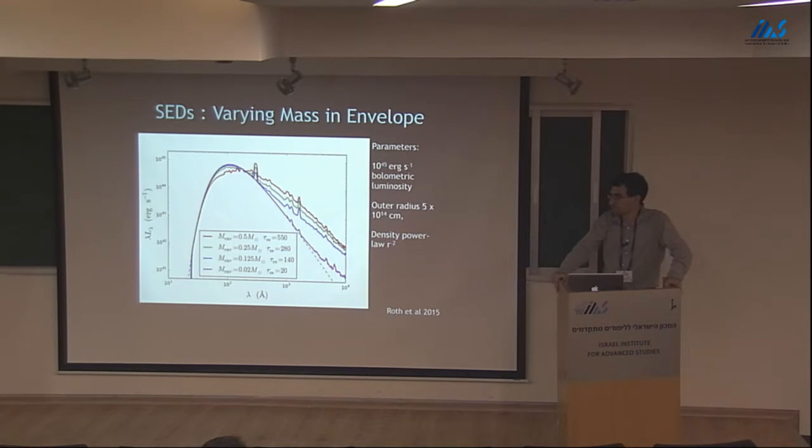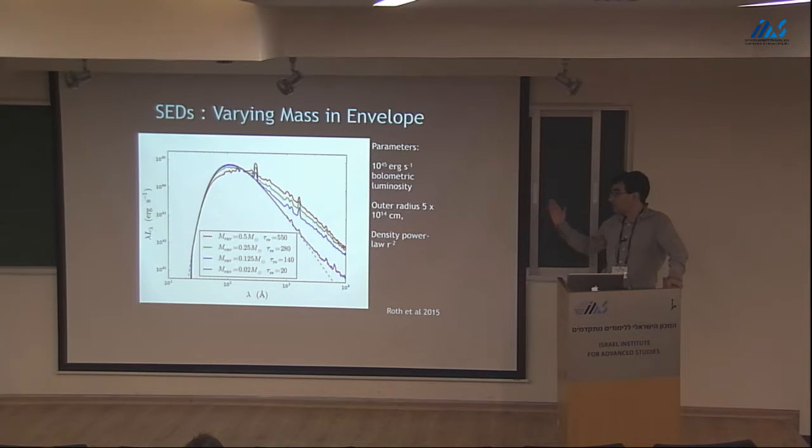What is your density profile? Yes, we are taking r to the minus 2, which is what we settled on. That is the same density profile that you would get for a steady state outflow. There are ways that you could get a power law like that for a more static envelope. These zebra models, for example, have density power laws that range from r to the minus 1.5 to r to the minus 3.